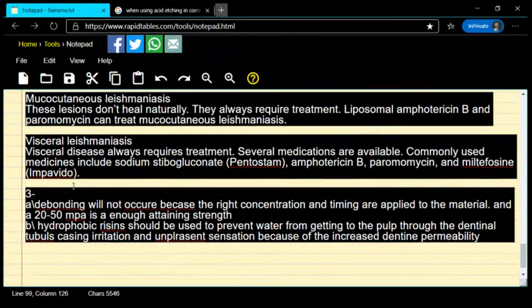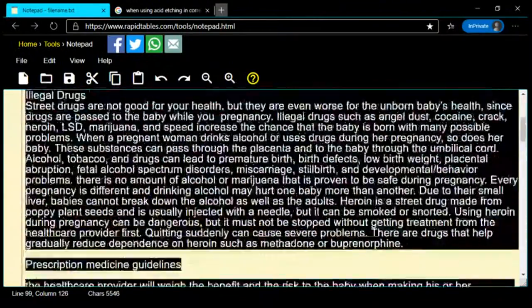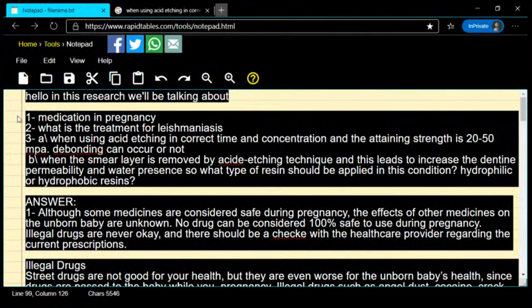We also covered hydrophilic materials, and we have medication for pregnant women. Let's write all of these things on a piece of paper in order to bring the subject that we will be discussing now.